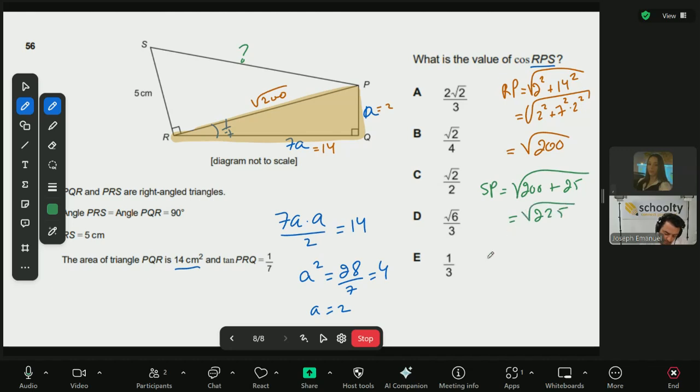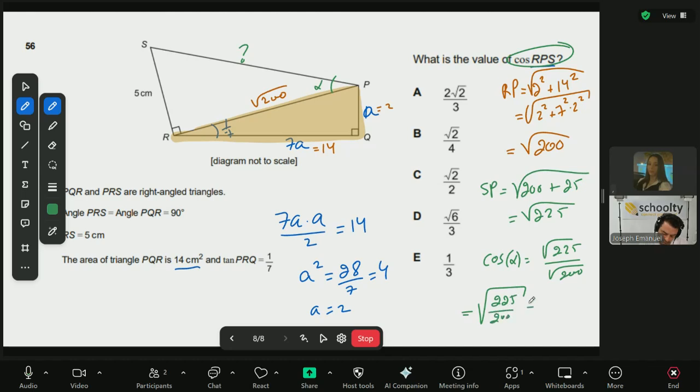What we need to calculate is the cosine of this angle, let's call it alpha, which equals the square root of 200 divided by the square root of 225.